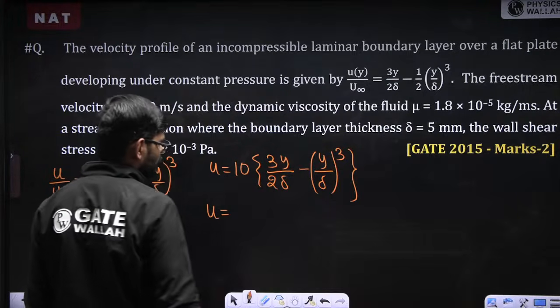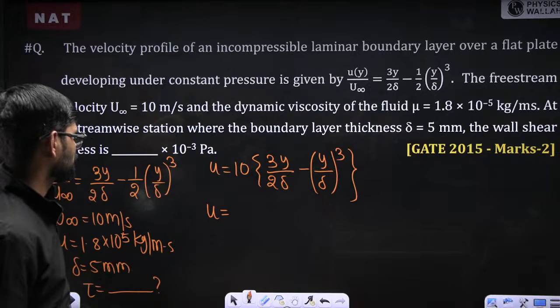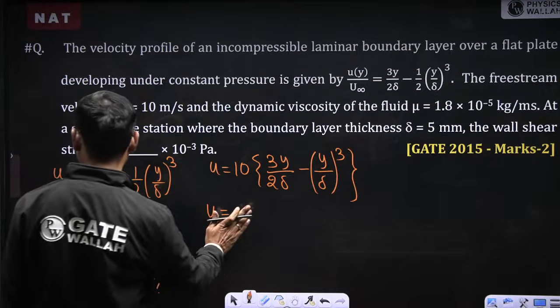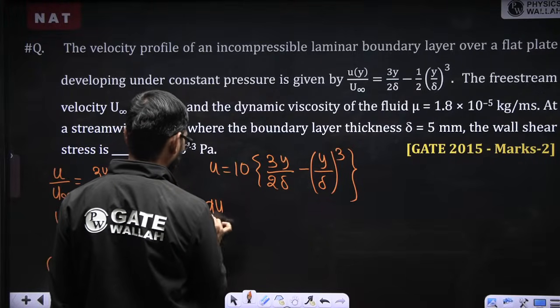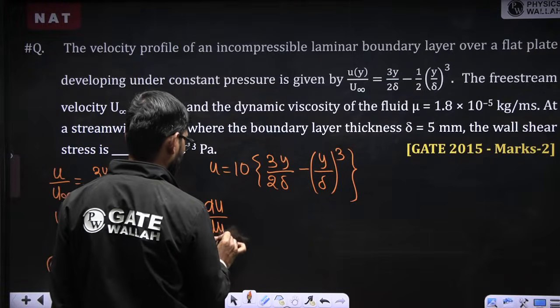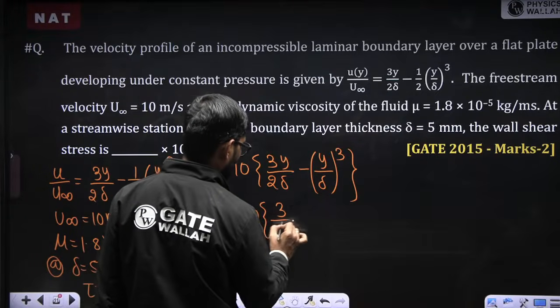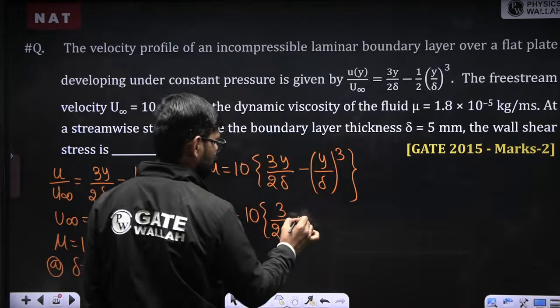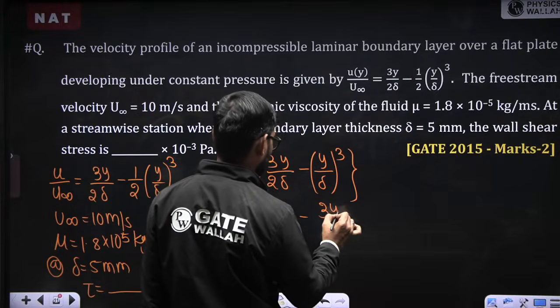u is equal to, so if I calculate du by dy, so 10 into 3 by 2 delta minus 3y square by 2 delta cube.